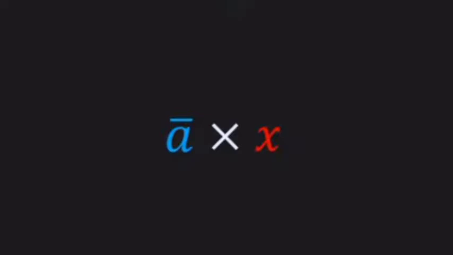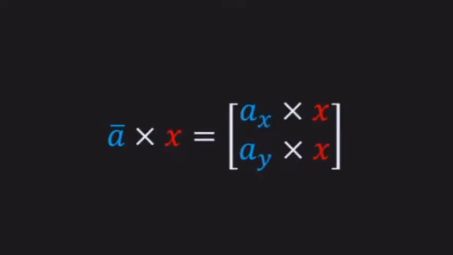For example, if we are going to multiply vector A with scalar x, or divide vector A by the scalar x, in doing that, we are going to multiply the elements in the vector by the scalar x.